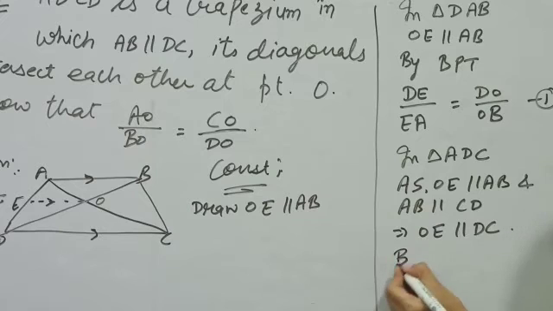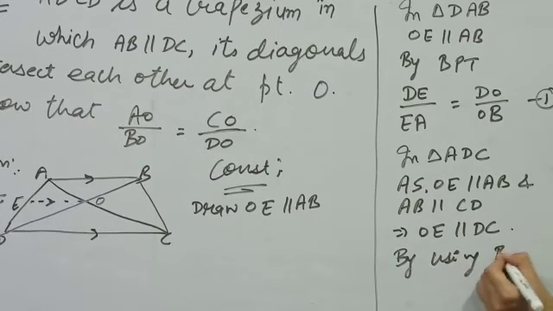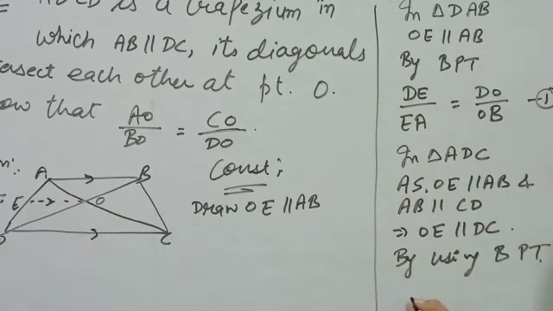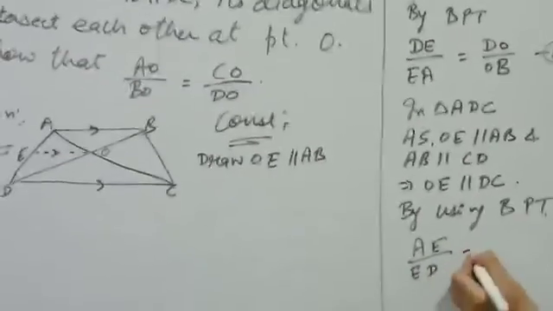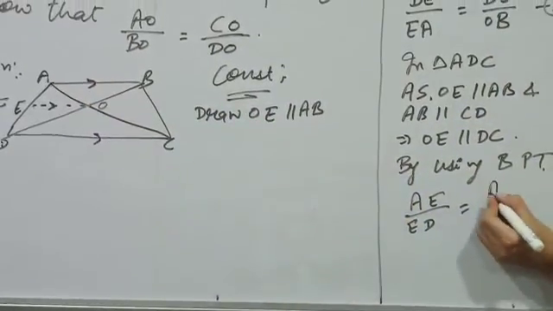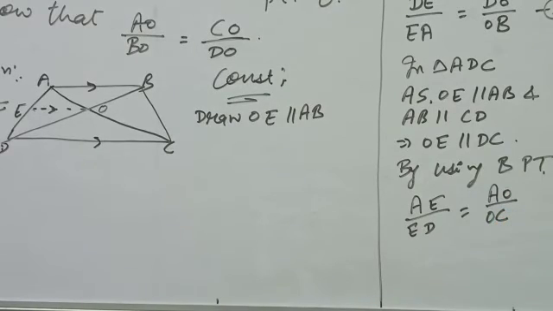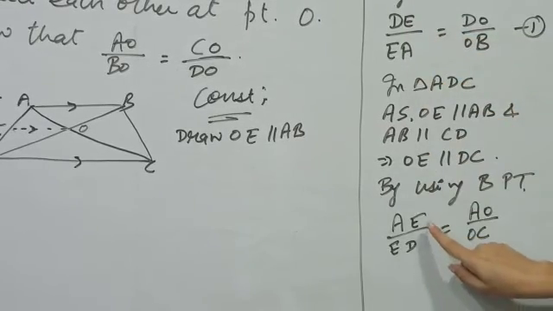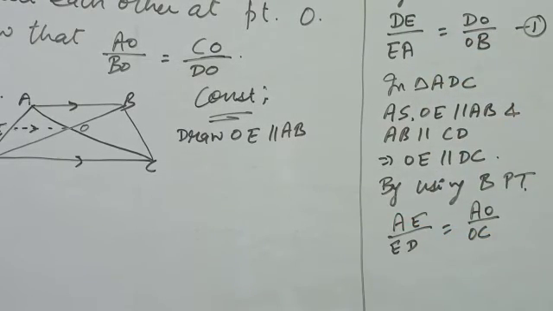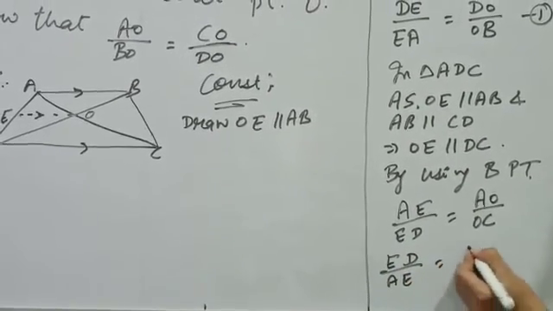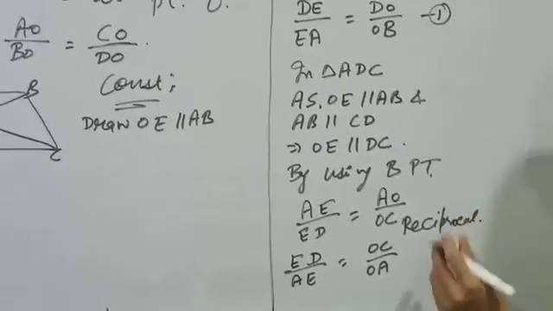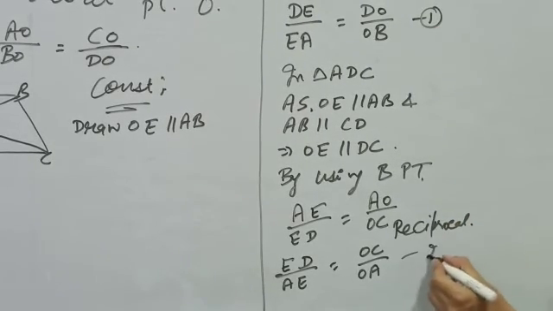Then by BPT, AE upon ED is equal to AO upon OC. Now in the first part we have DE upon EA, and here AE upon ED. If we take the reciprocal on both sides, then ED upon AE is equal to OC upon OA.